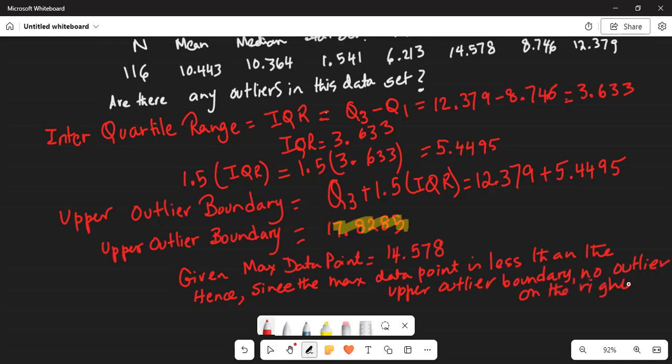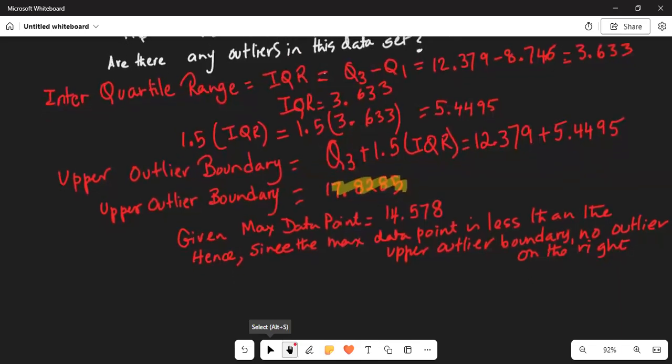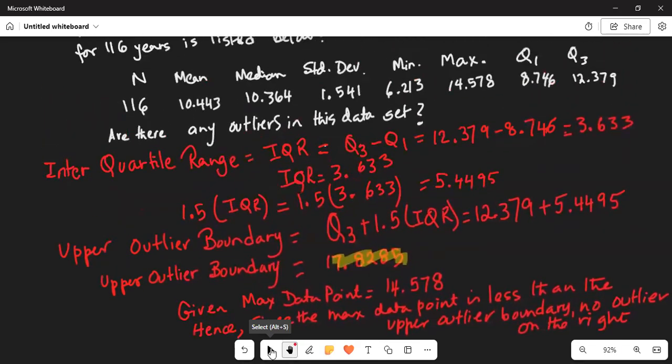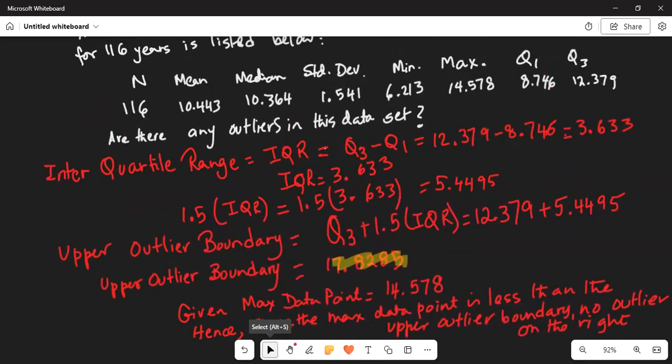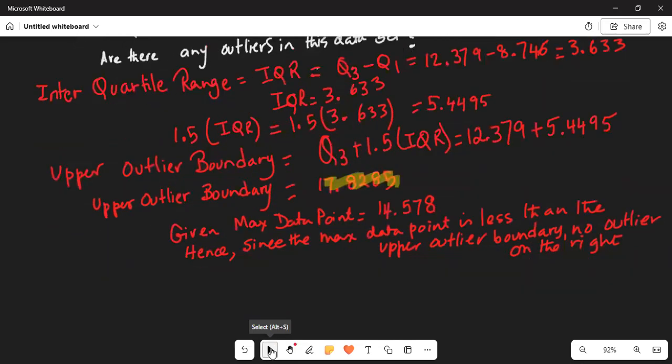Let's do a similar calculation on the left side. So we note that Q1 is 8.746.